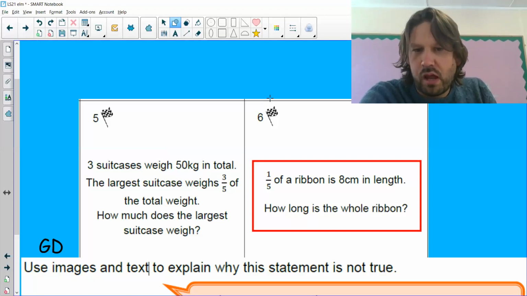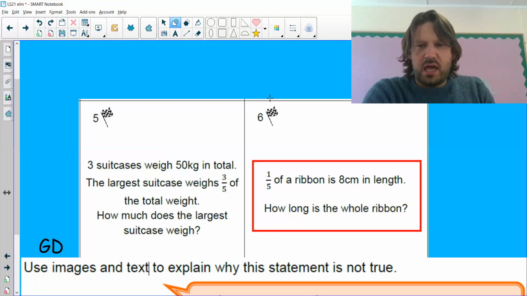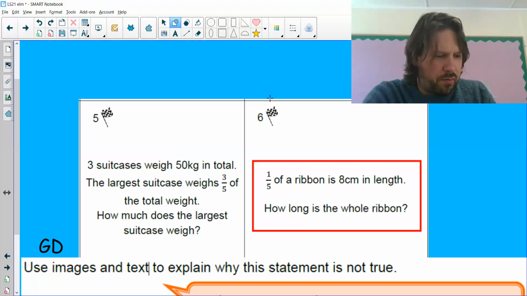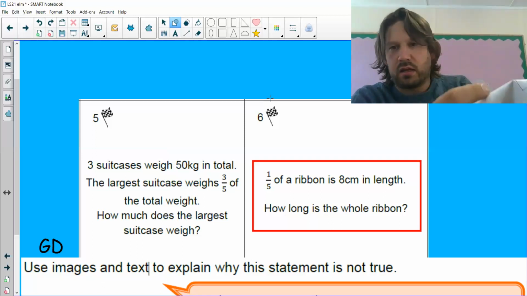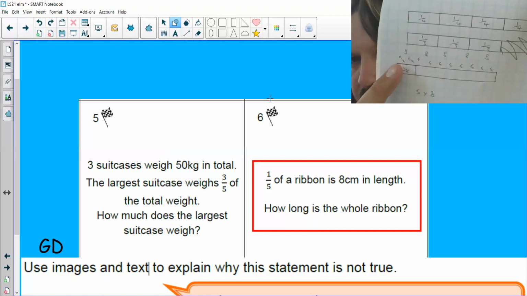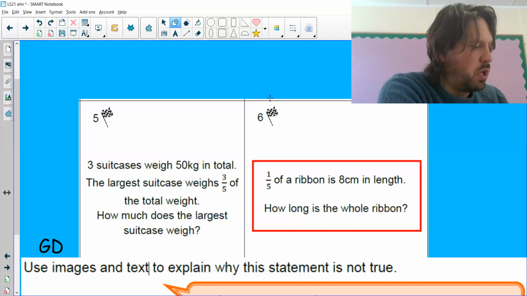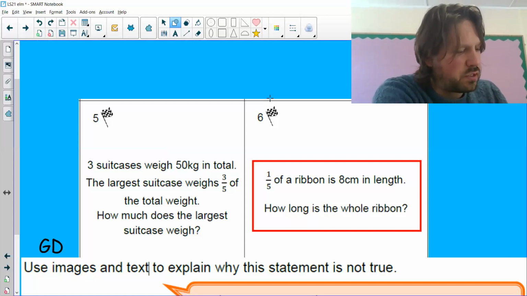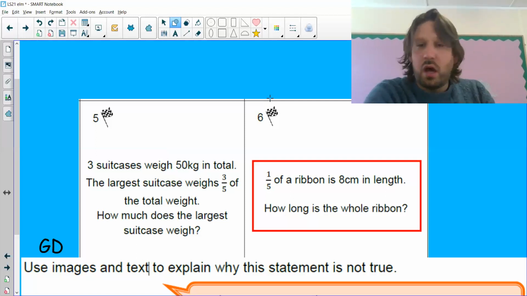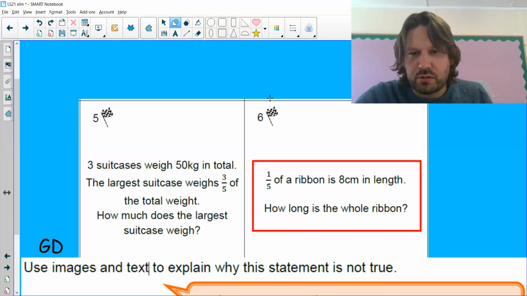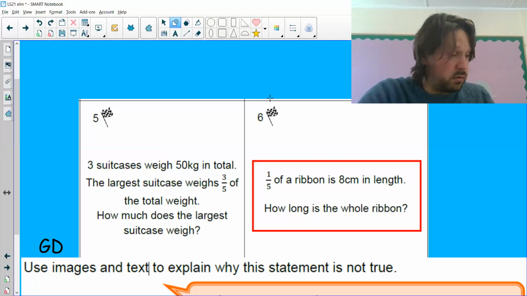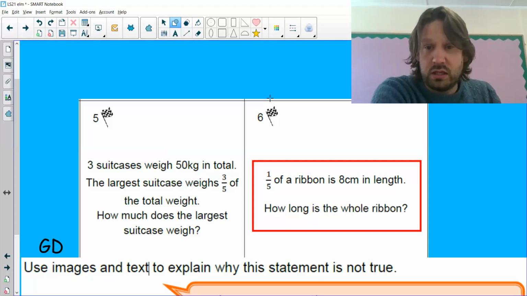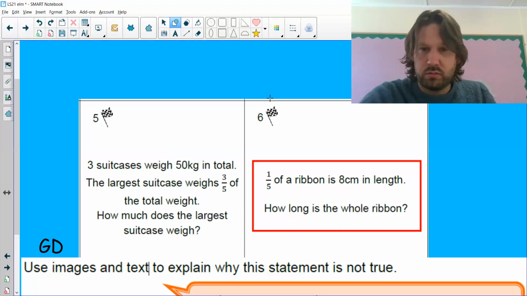Our fifth rule is 8 centimeters. How long is the whole ribbon? It is going to be 5 times 8. Or if you've done it like I did, which was each box 4, you could do 10 times 4. I think you'll agree, both of those questions, actually 10 times 4 is probably easier, is 40 centimeters long.